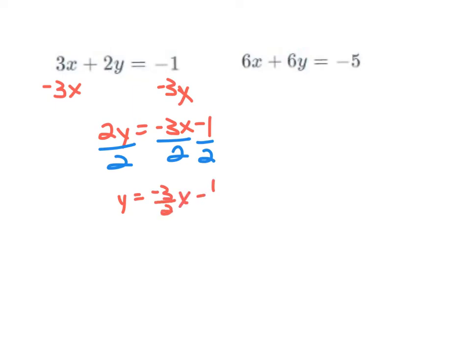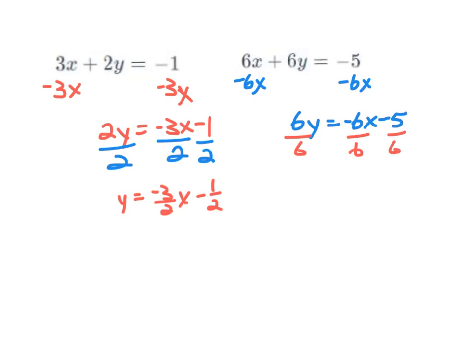minus 1/2. All right. And then for the other one over here on the right, we're trying to solve for y, so we're going to subtract 6x from both sides, and our equation is going to become 6y equals negative 6x minus 5. And then when we divide by 6, again, we divide everything by 6.